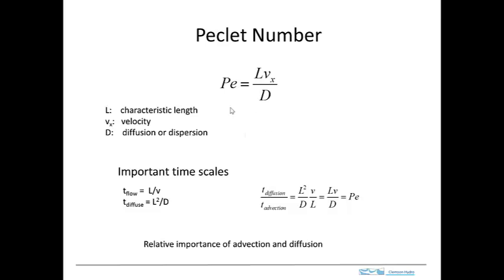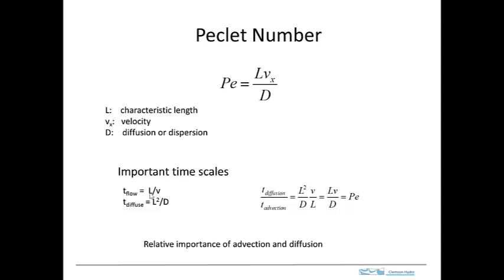Okay, so to get a feel for what that means, let's take a look down here at important timescales in these transport problems. So the important timescale for the flow or for the advection process is given here. It's the characteristic length for the problem. This might be the size of the problem, or it might be the size of an important feature in the problem.